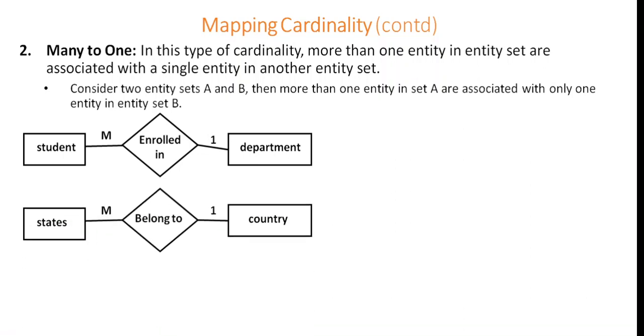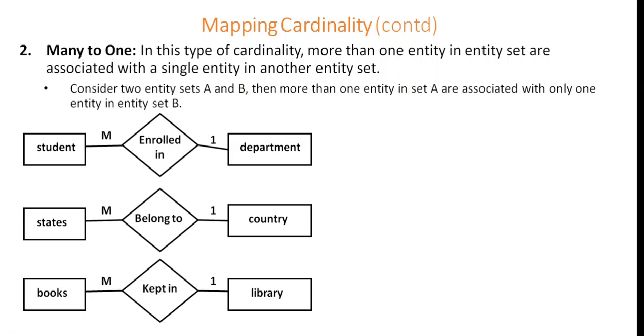Okay, another example is many states belong to a single country and a single country has many states. That's why M and 1 are written here on the connecting lines of the relationship for each of the entity sets. Another example is many books are kept in one library, and one library has many books.